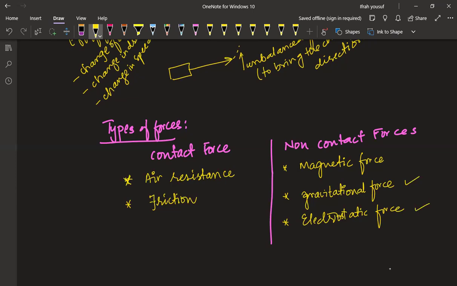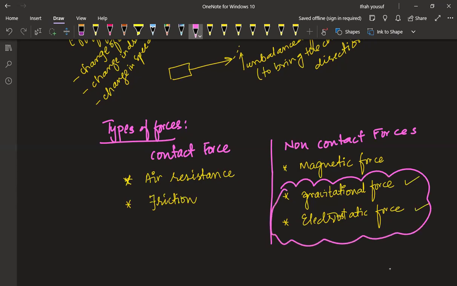When two objects are charged bodies, they are going to have a repulsive force or an attractive force. Gravitational force is always attractive, remember, and electrostatic force can be attractive or repulsive. So we'll be discussing these two forces in the next class, and that will cover our LO.